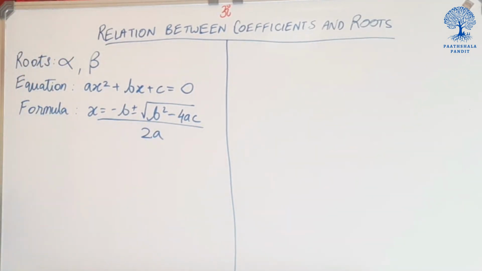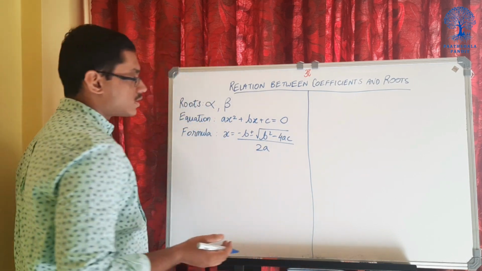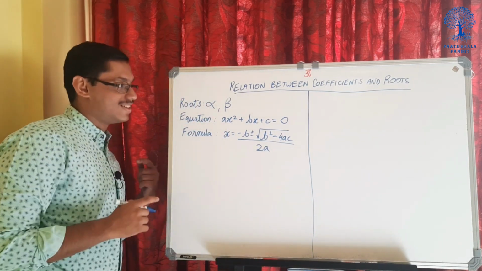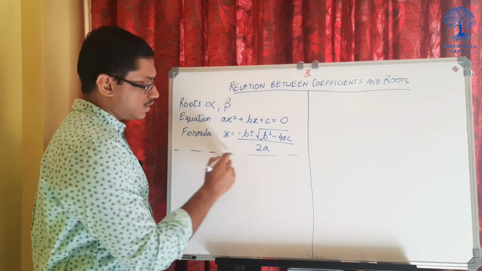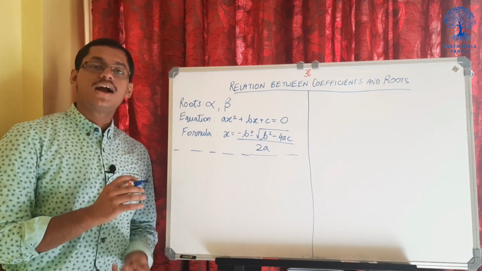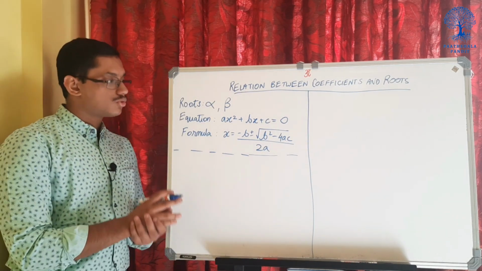Okay, now suppose I need to add these two roots. Suppose the question says that you need to add the two roots and show it in the answer. Okay, we have to do that.